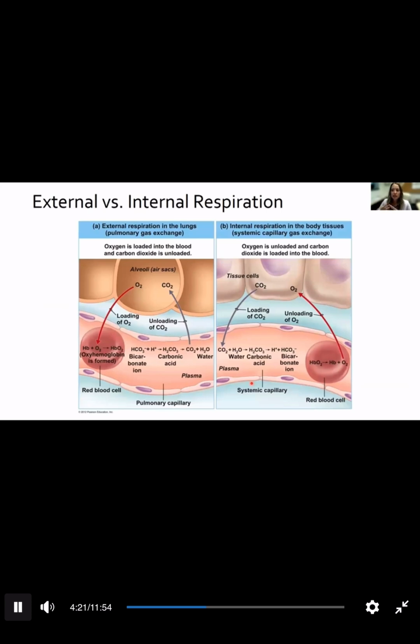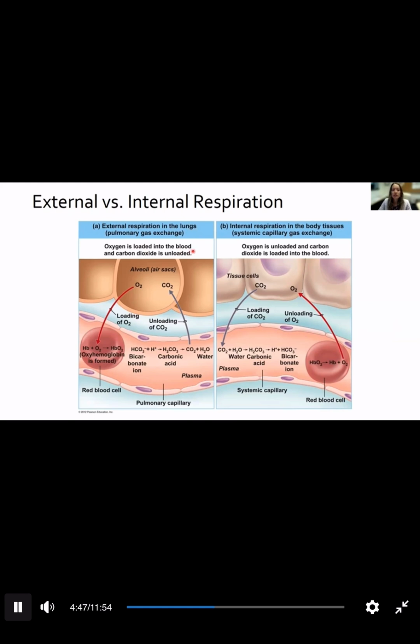There's another way to think about the different sites where gas exchange occurs. When we're talking about diffusion, there are 2 different types, and we refer to this as external and internal respiration. External respiration occurs at the lungs, which I believe was site 2 on the prior diagram.